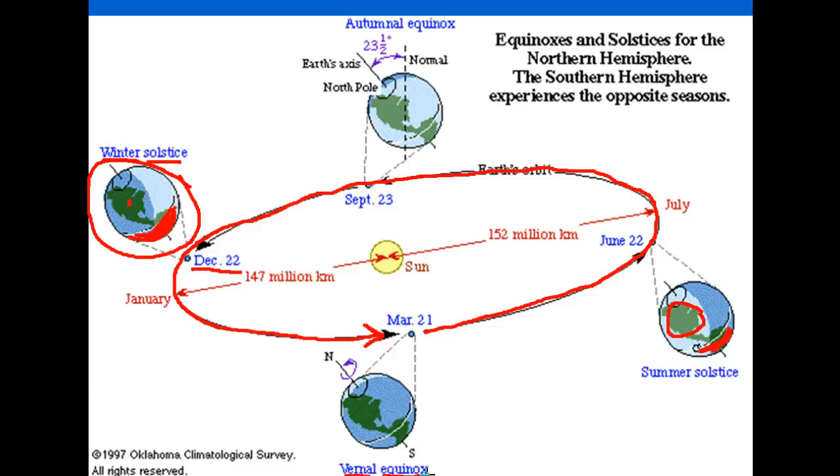Now, from an Earth axis standpoint, the Earth's now again at a right angle to the sun, just like at the autumnal equinox up here, meaning the Earth is not pointed towards or away from the sun, but at right angles to it.